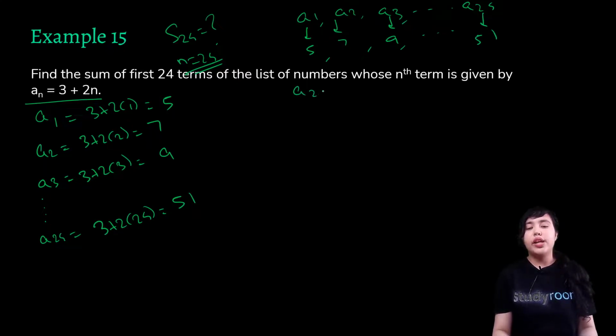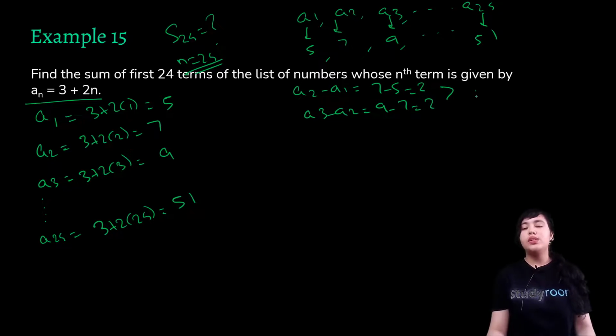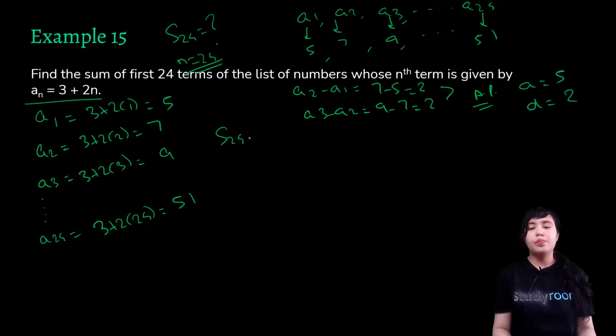Now find out a2 minus a1, that is 7 minus 5, 2. And if you find a3 minus a2, that is 9 minus 7, again 2. So the difference remains the same, which means it is an AP with a equal to 5 and common difference equal to 2.